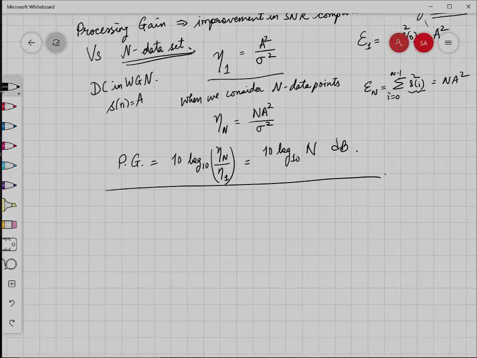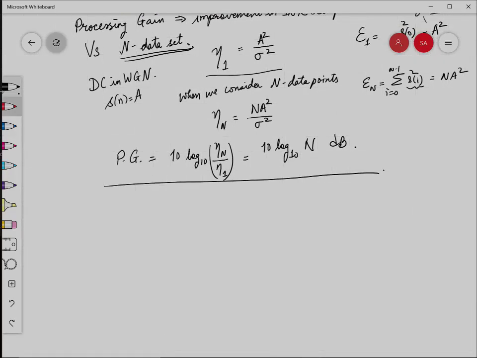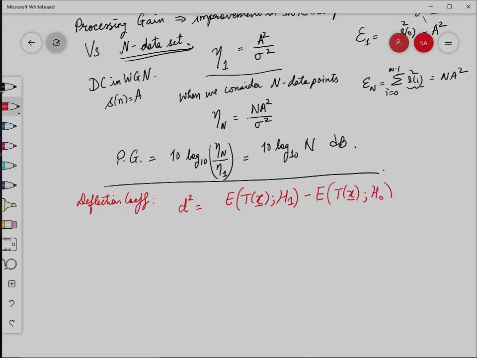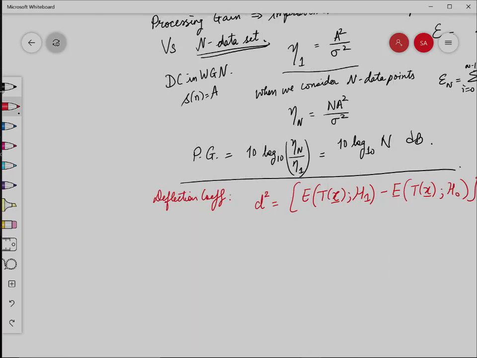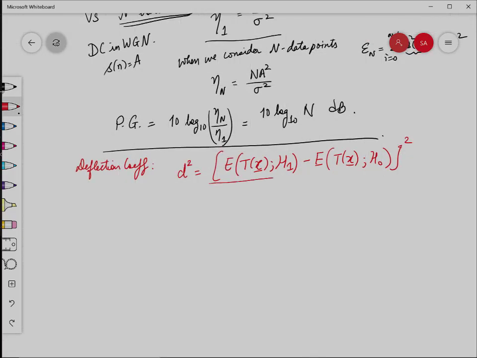Again, you can also figure out the deflection coefficient for this case. The deflection coefficient d square is defined as the expectation of the test statistic under hypothesis 1 minus the expectation of the test statistic under hypothesis 0, squared, divided by the variance of the test statistic under either of the hypotheses.